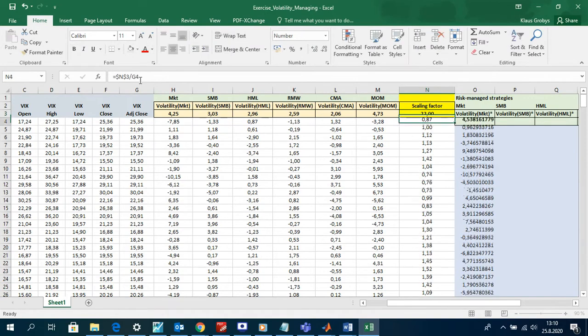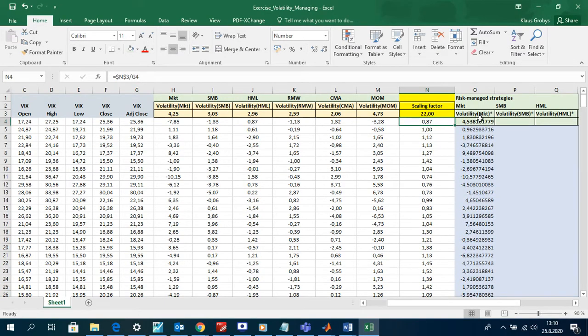Let's take 22. Now we have overshot it. Now it's 4.53, so we need a lower scaling factor. Let's take 21 instead. Now we still have too much. It's 4.33. Here it's 4.24. So we need obviously something like 20.4. Yeah, we are almost there.